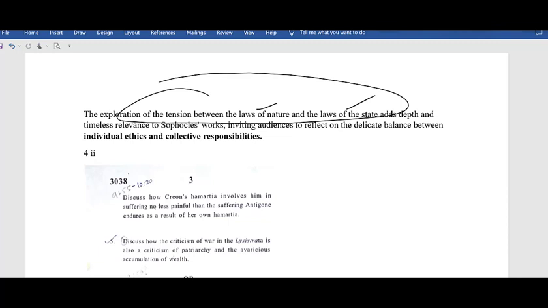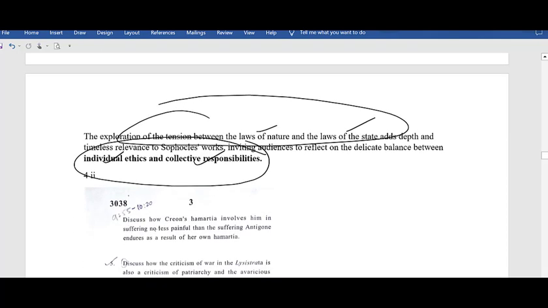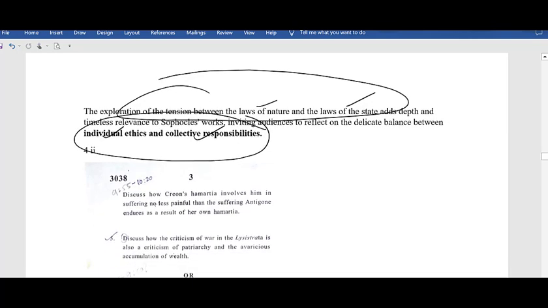Morality versus law is an ever relevant debate, and that's the reason we are still grappling with those questions in different forms even in modern society today. So overall, you can talk about the idea of individual ethics versus collective responsibility, and the fact that it is not simply resolved in the tragedy Antigone.